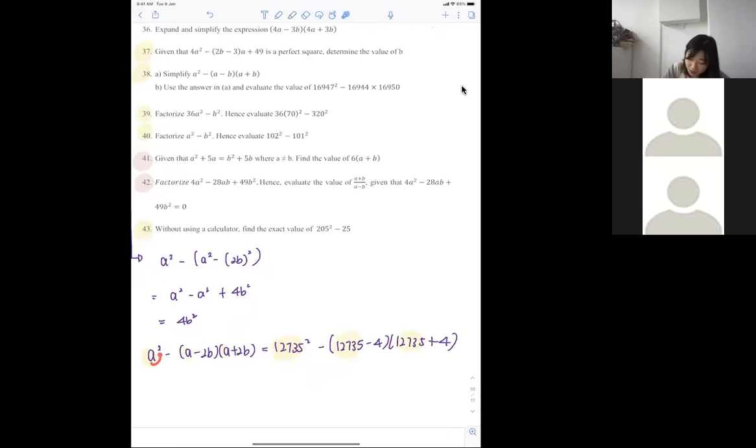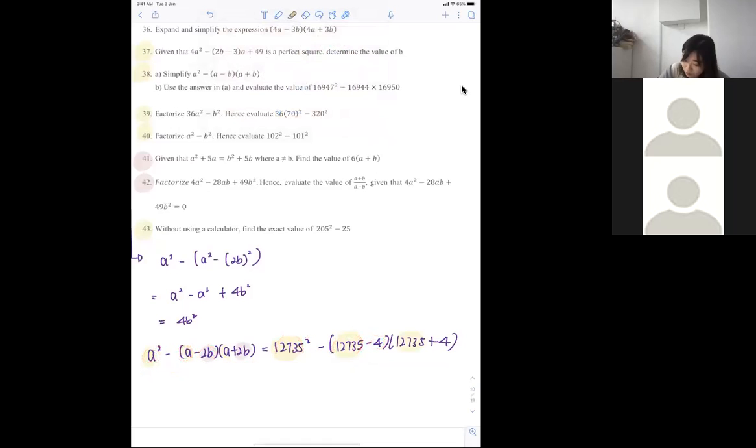You compare here. Which one, a is 12735, minus 2b, a minus 4. So 2b is equals to 4.